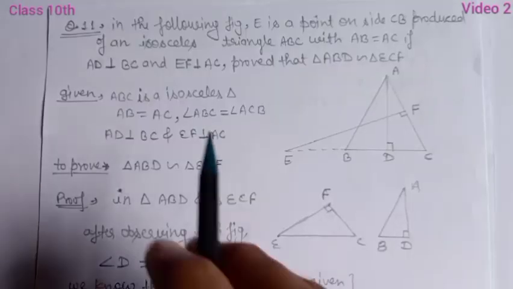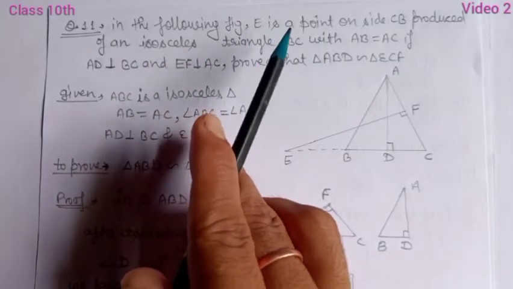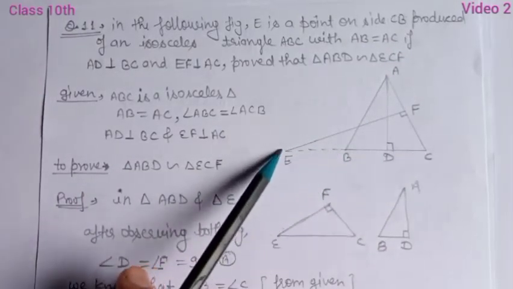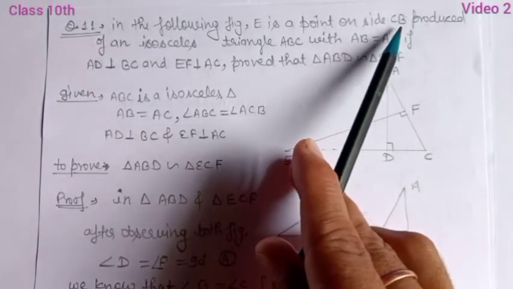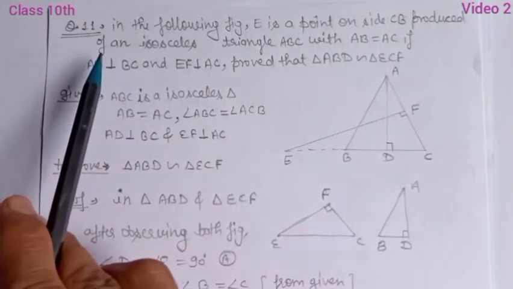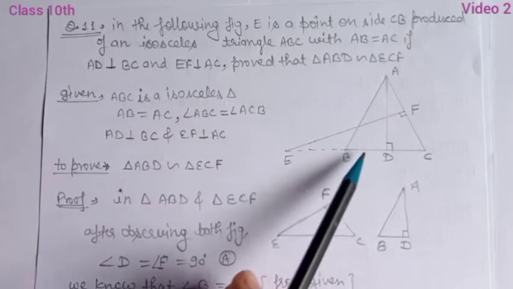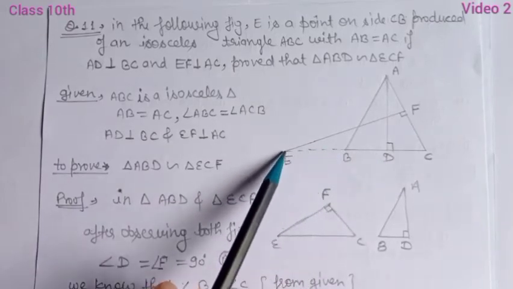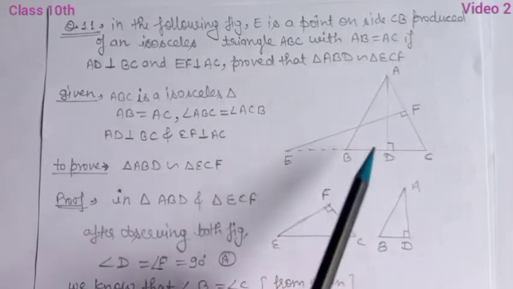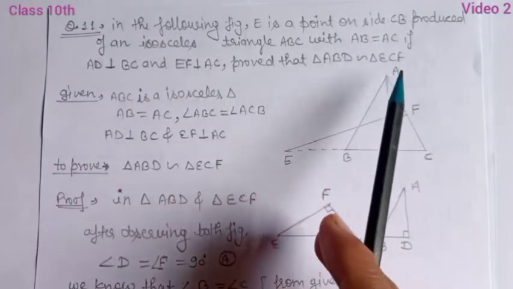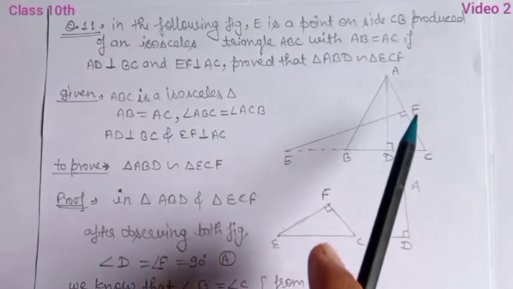Question 11. In the following figure, E is a point on side CB produced of an isosceles triangle ABC. CB is produced, meaning it is extended here. In triangle ABC, it is given that it is an isosceles triangle with AB equal to AC.